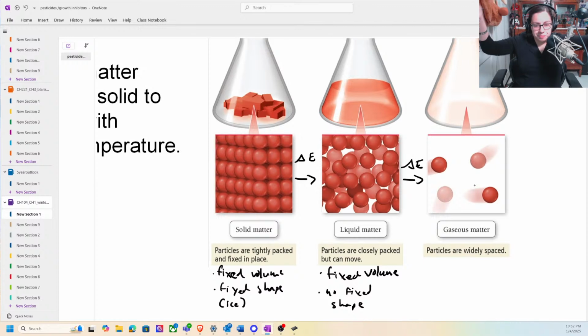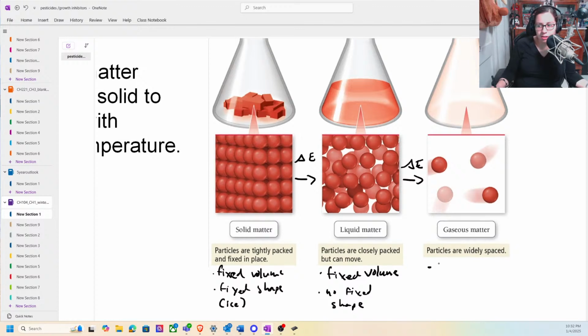Then they're all in the gaseous phase. You don't want to do this, but if you forget you are boiling your water and walk away, all your water, or a majority of it, is going to be gone, because it is now in the air as gaseous matter.